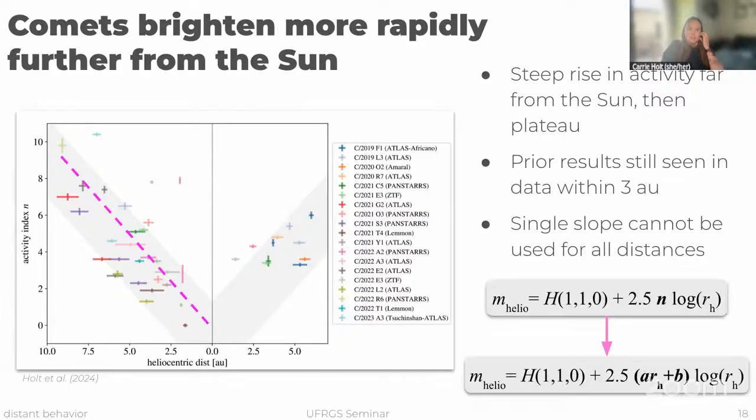So we looked at this and thought, okay, the slope is changing and they all seem to be changing in the same way, in that the index clearly relies on heliocentric distance in some way. To come up with a new model, we literally took this activity index and changed it to a linear dependence on heliocentric distance.